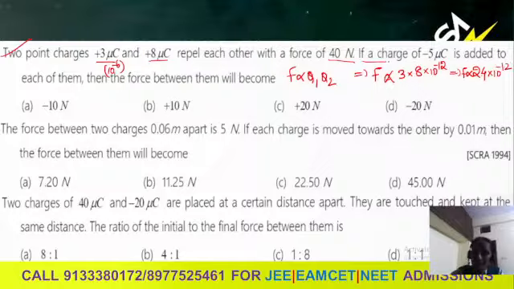Now what are they saying? If a charge of -5 microcoulomb is added to each of them. Now +3 -5, how much? So I am taking the new force as F dash. +3 -5, because we are adding some amount of charge, it will become -2, into +8 -5, it will become 3 only. Into 10 power minus 12 common, because both are microcoulombs.